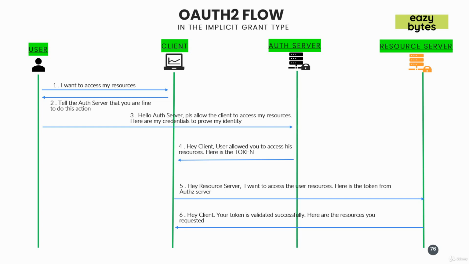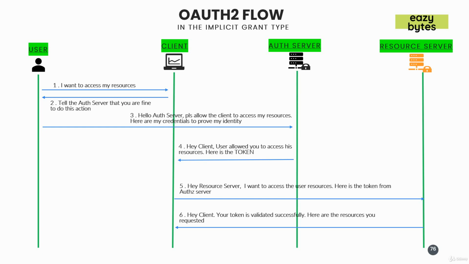Once the user proves his identity to the Google auth server by entering his Gmail credentials, the auth server will send a token, which is the access token, by redirecting to the URL mentioned in the request by the client.